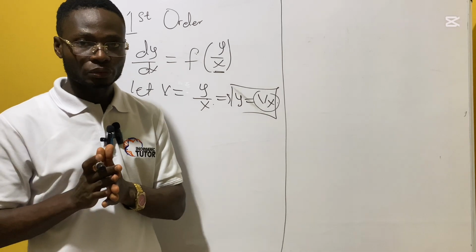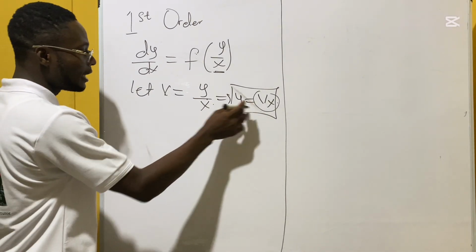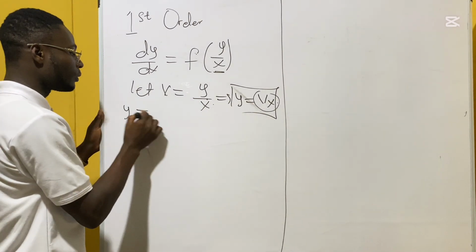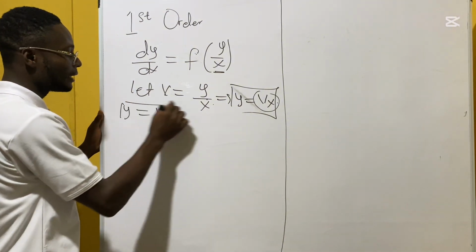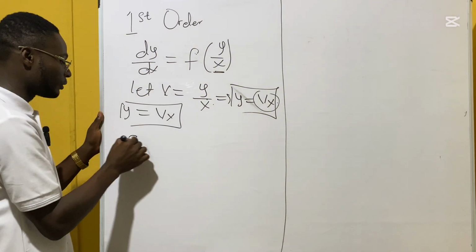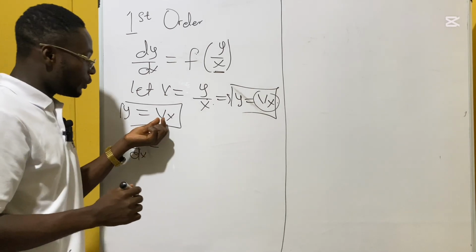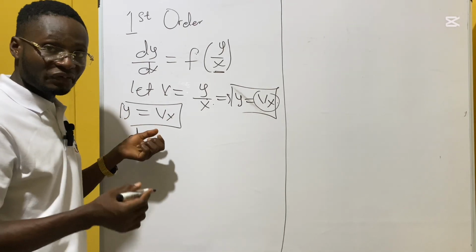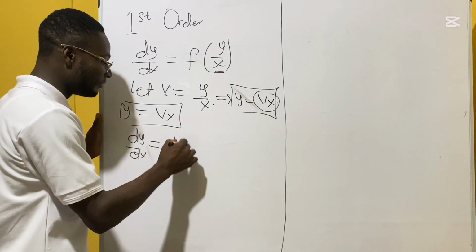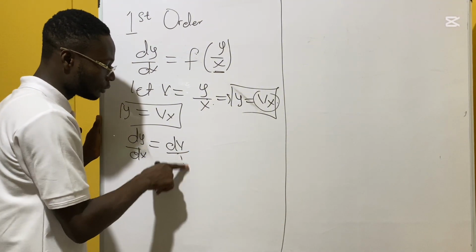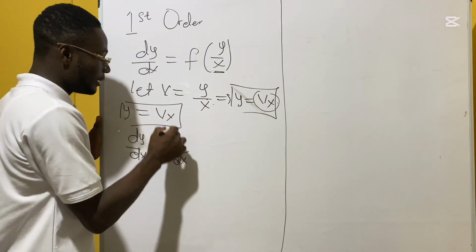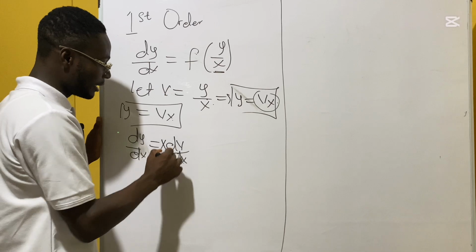So when y equals vx, applying the product rule, we are going to have dy/dx equals: we differentiate the first function, which is v, with respect to x, then we maintain the second function, which is x.